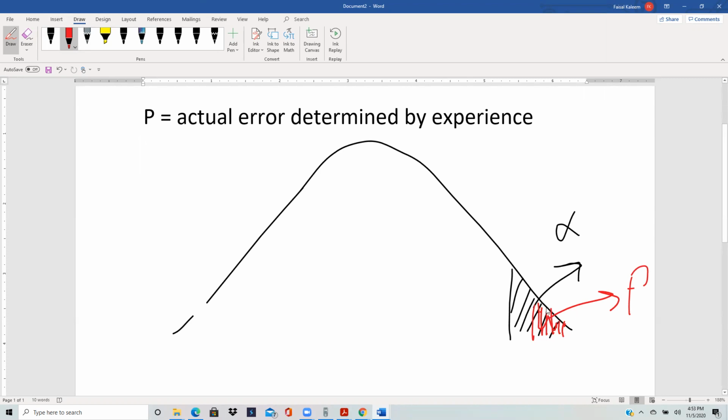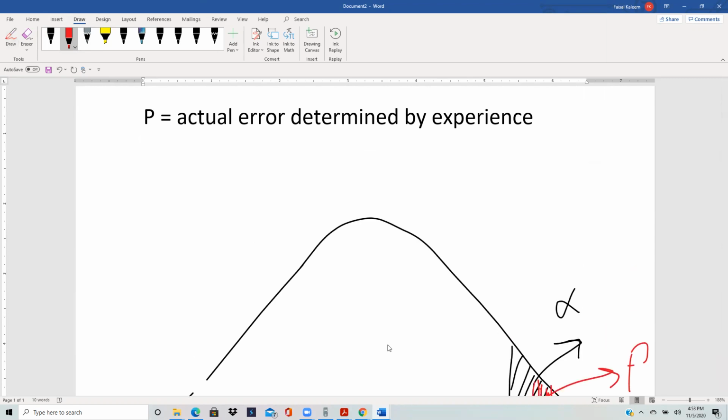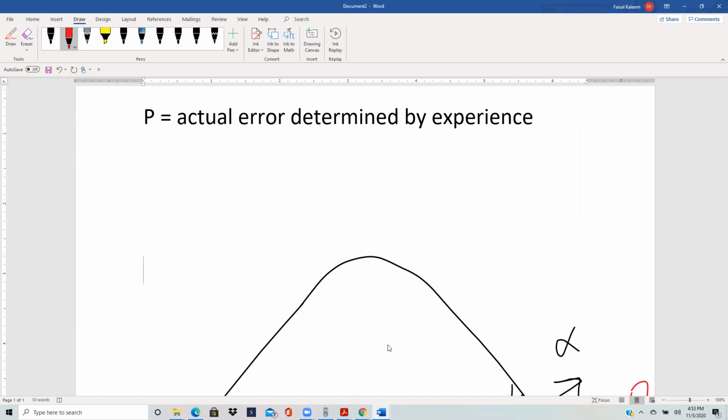And this will be the situation where you will reject the null. So you will reject the null if P is less than alpha.